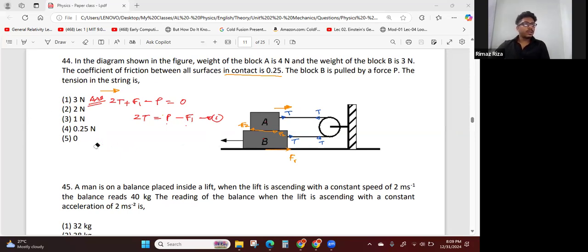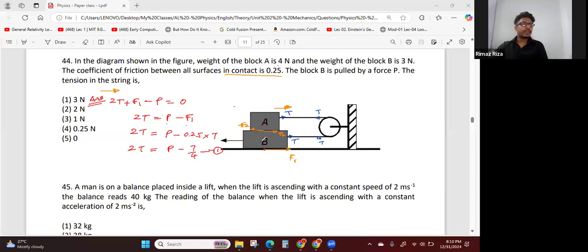F1 is nu times R. So 2P equals P minus nu, which is 0.25, times the normal reaction force, which will be the sum of both the weights, 4 plus 3, 7. So therefore here I get 2P equals P minus 7 over 4. This is equation number 1.